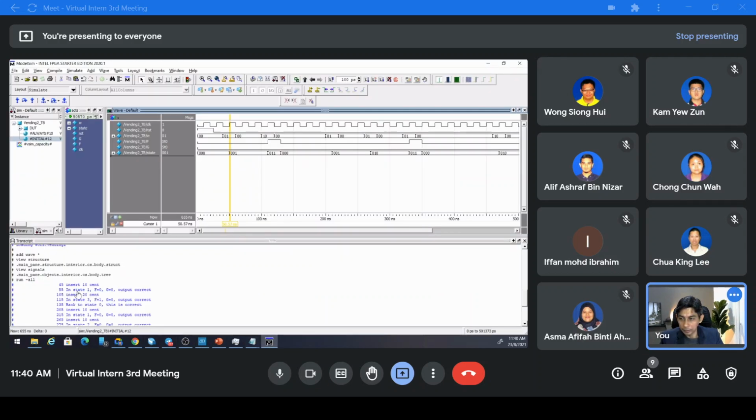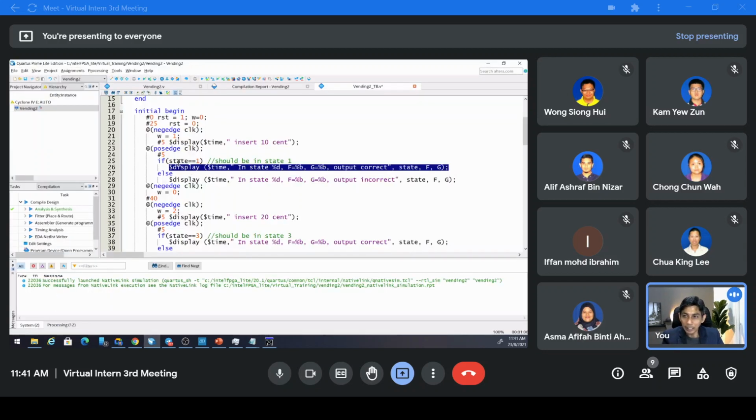If it is not true, it will instead show, depending on the condition, the value of the state at this time, whether 002, 003 or others. And of course it will show output incorrect, because in our code, we say if it is 1, you show correct. If other than that, it must be incorrect.